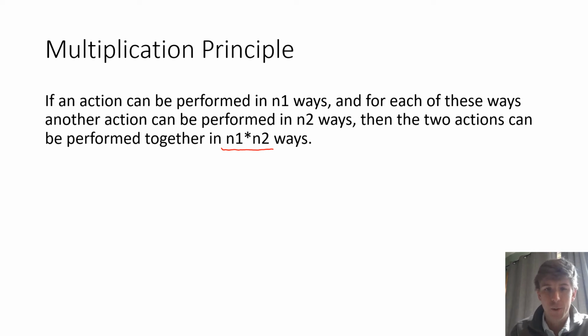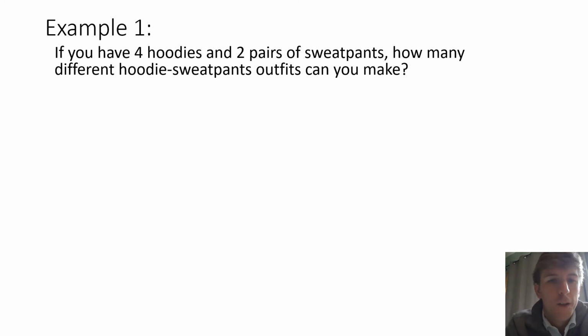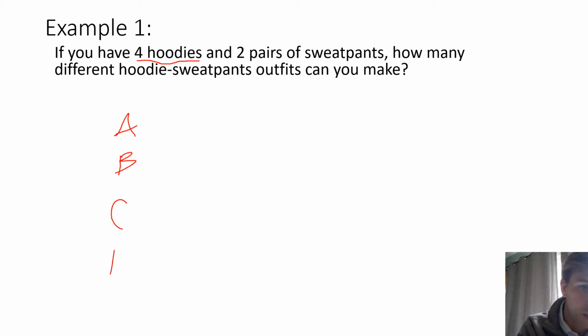Let's just jump into an example because it'll probably make more sense that way. If you have 4 hoodies and 2 pairs of sweatpants, the classic quarantined at home outfit, how many different quarantine outfits can you make? We have our 4 different types of hoodies, which I will name A, B, C, and D. So there's 4 different possibilities for the hoodies you can wear.